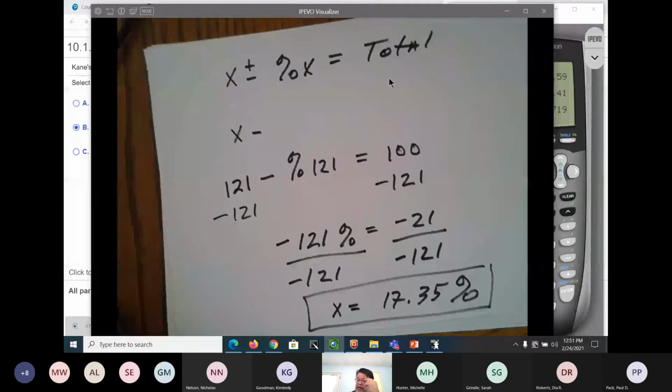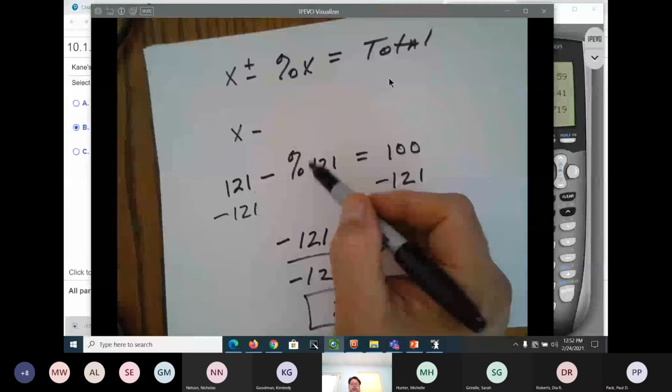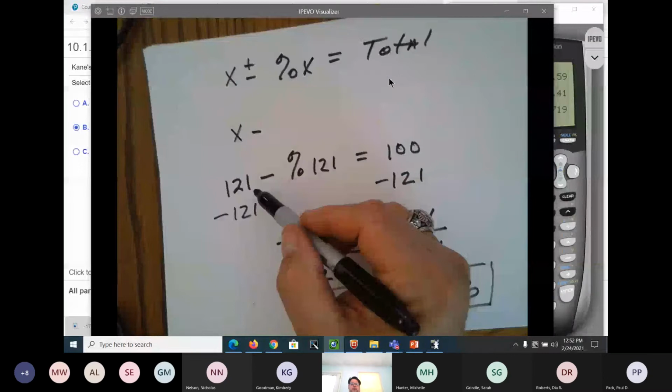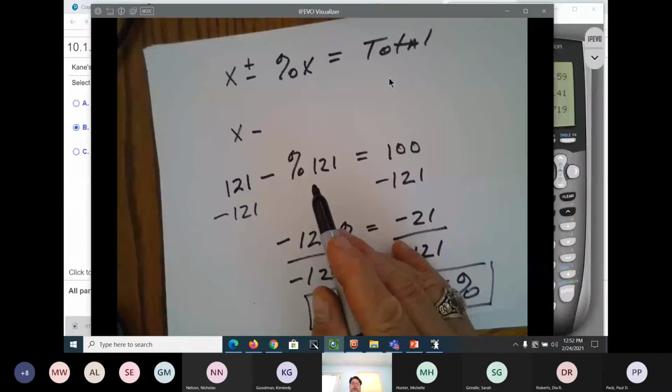All right, I actually found the percentage coming off of 121 to get 100. That's 17.35. Now, I think that's what Miss Grindle was saying.